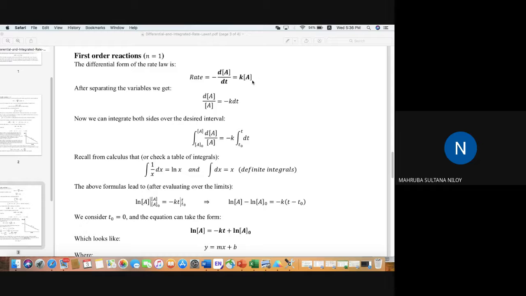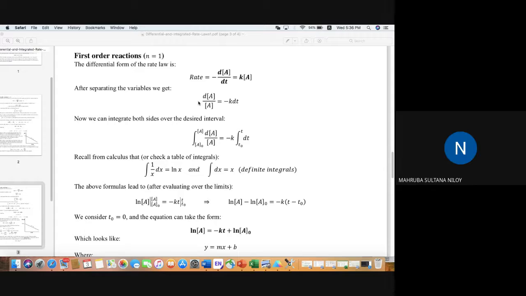So for the first order reaction, the rate depends on concentration to the power 1, right? Yes, sir. So if we put the value 1, that means we get just concentration, right? Is it clear? Yes, sir. Clear, sir. And if we reorganize this equation, we will get something like this, right? Is it clear? Yes, sir.